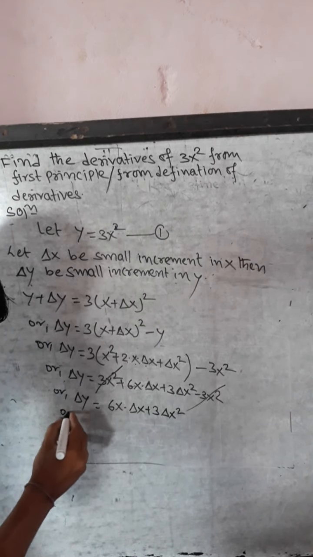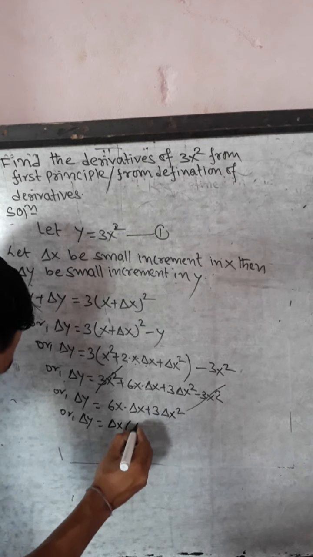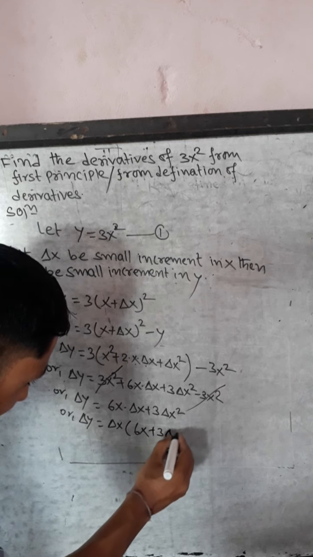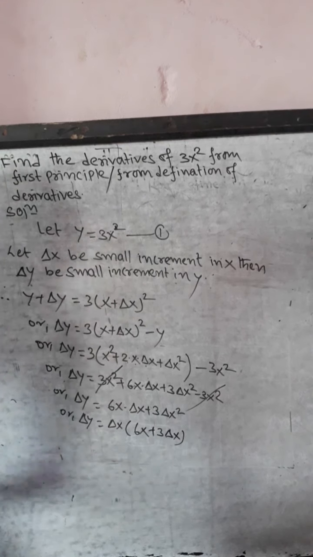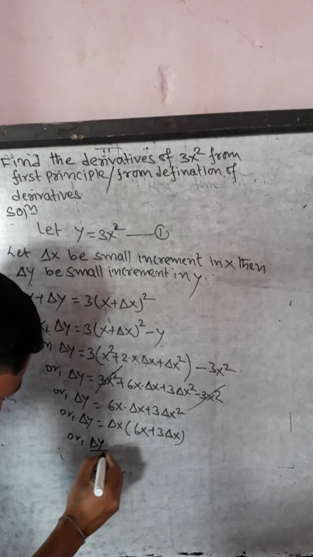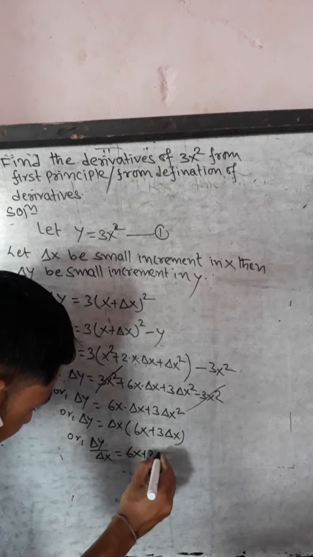Now take out the common, or del y is equal to del x, now del x is the common, 6x plus 3 del x. Now bring del x to this side. What it will do? It will divide, or del y by del x is equal to 6x plus 3 del x.